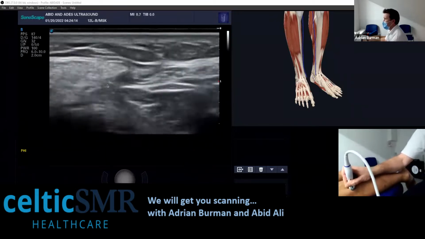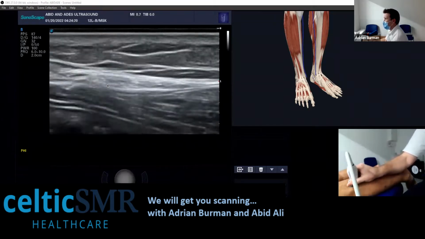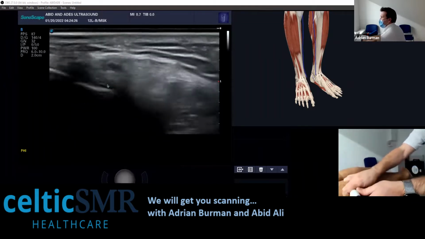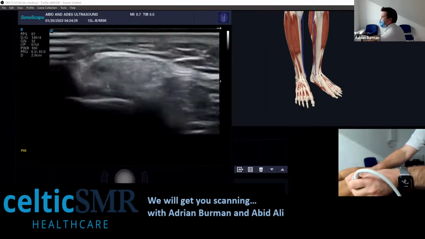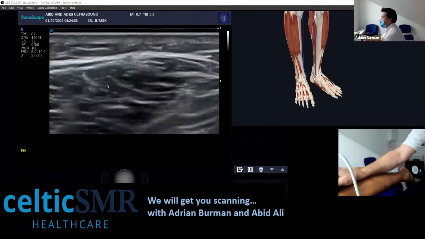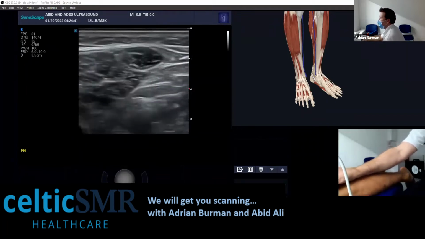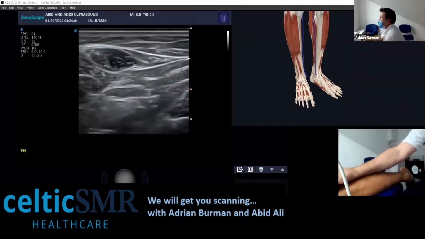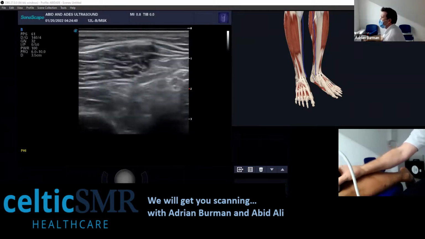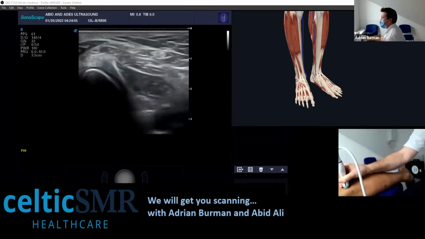And it's sometimes an idea to put that in long section, just to see how the calibre changes.